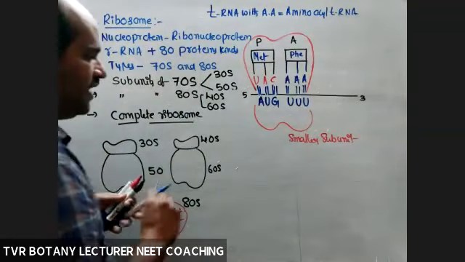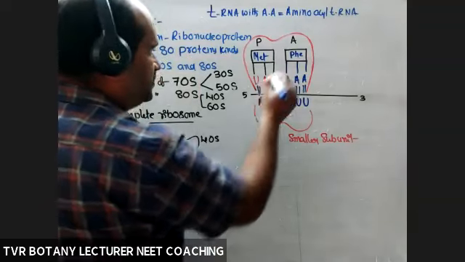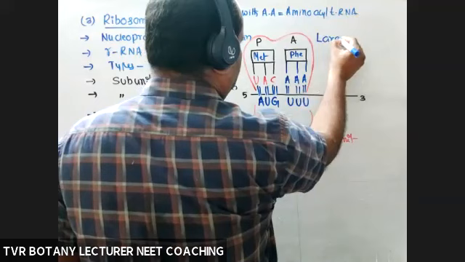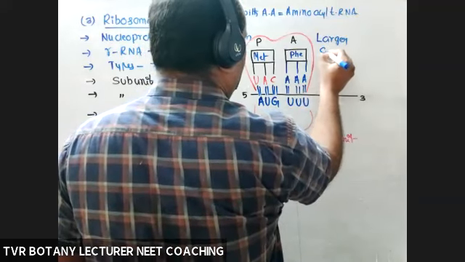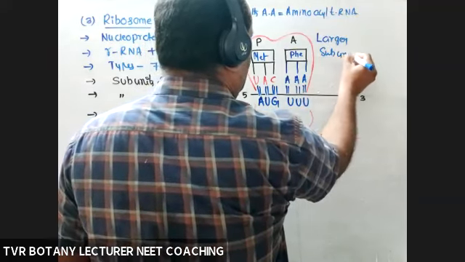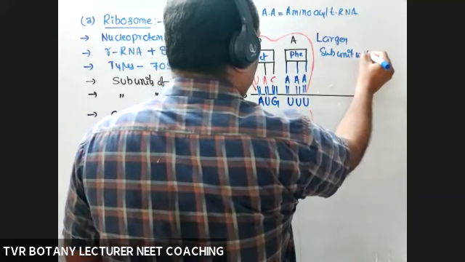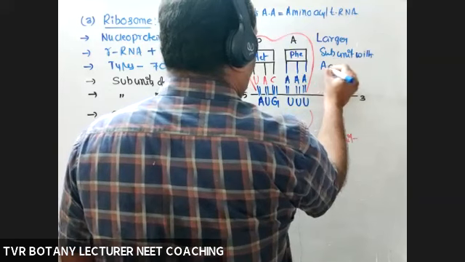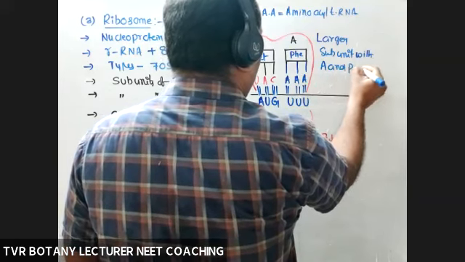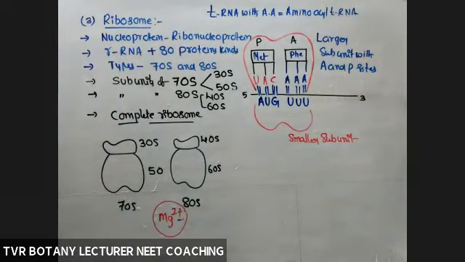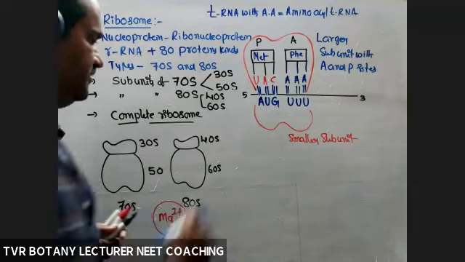Now, what is the role of sites? These sites are present in the larger subunit only. Larger subunits with A and P sites. In the case of smaller subunits, no A and P sites. They're restricted to the larger subunit.